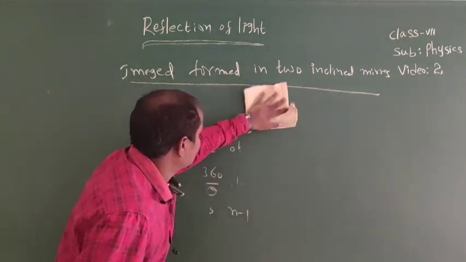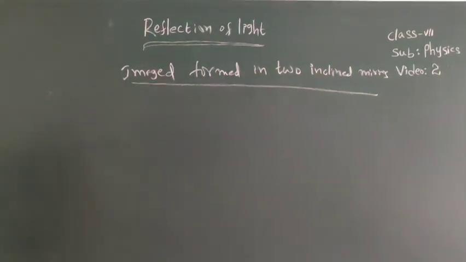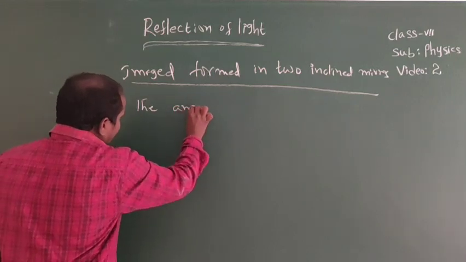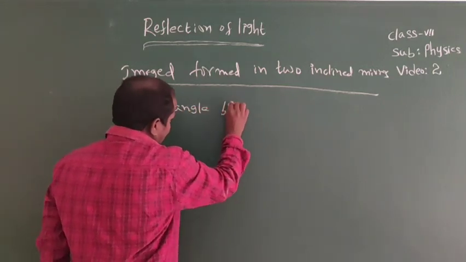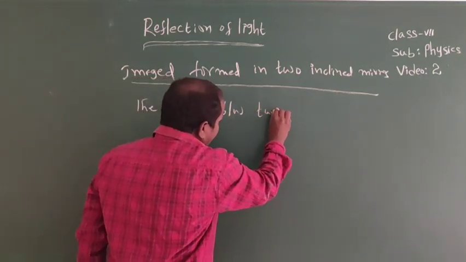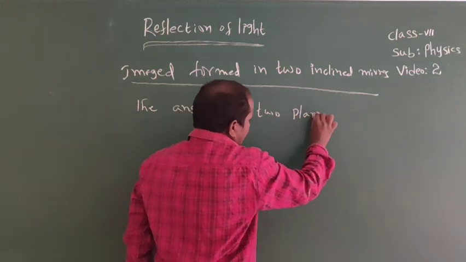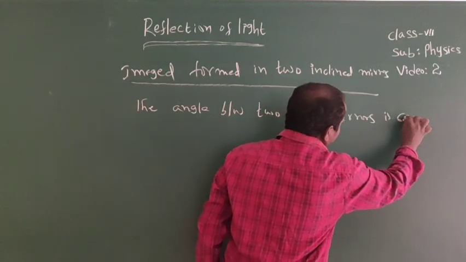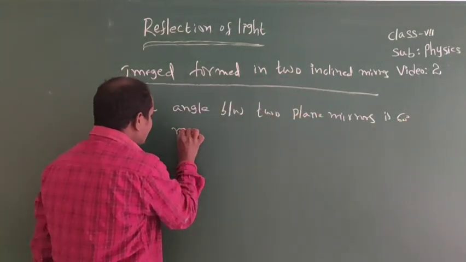If the angle between two plane mirrors is 60 degrees, then n equals how much?